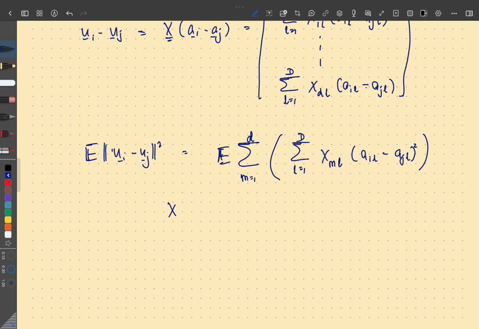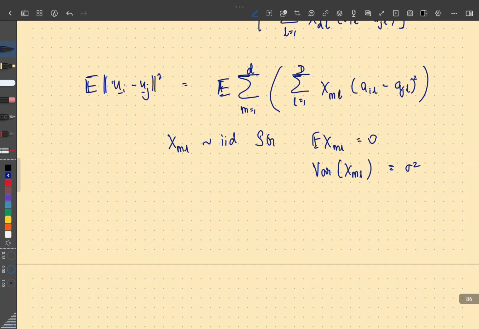Okay, so I'll choose X_{mL} to be IID sub-Gaussian with mean of X_{mL} equal to 0 and the variance of X_{mL} equal to sigma square.